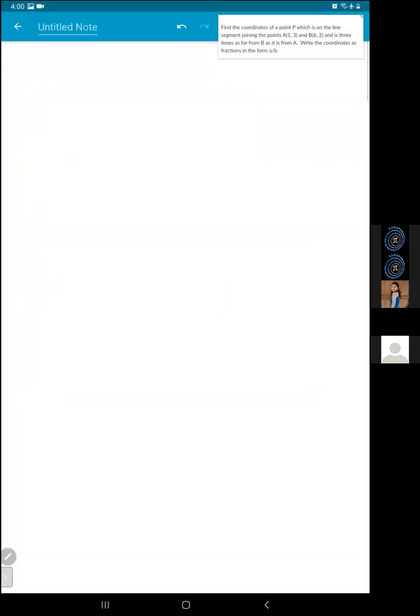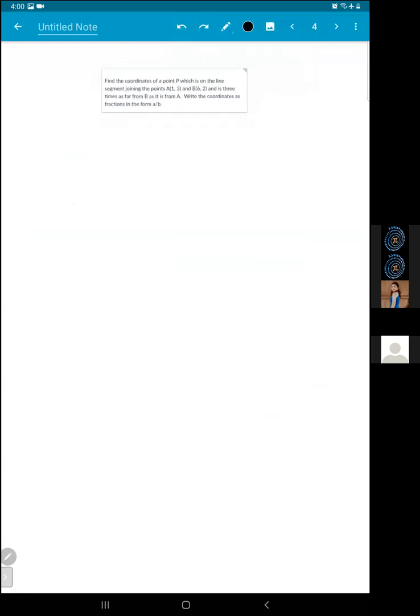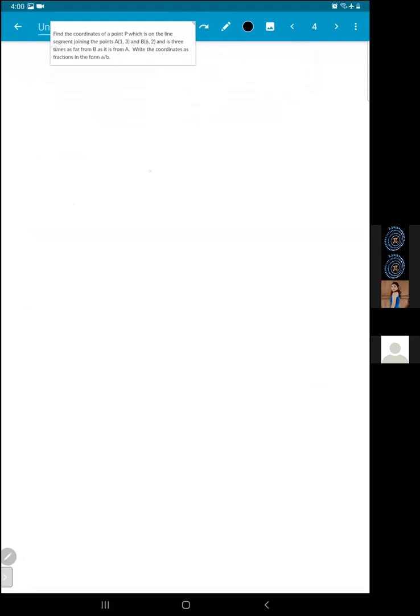Okay, find the coordinates of a point P which is on the line segment joining the points A(1, 3) and B(6, 2).